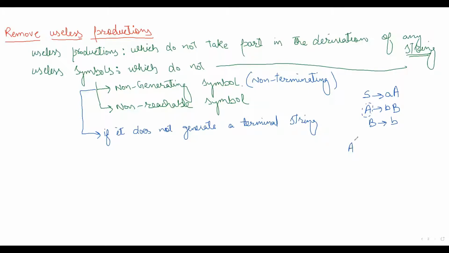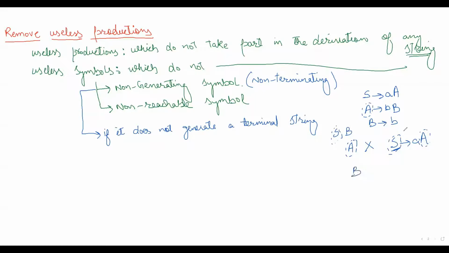Here we have three variables, S, B, and A. Is it possible to generate any terminal string from A? No. So A is a non-generating symbol. Likewise S: from S we can generate A, but A is non-generating, so S is also non-generating because it will not generate a terminal string.